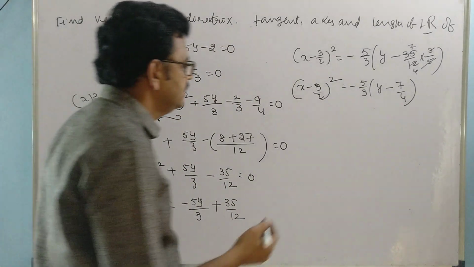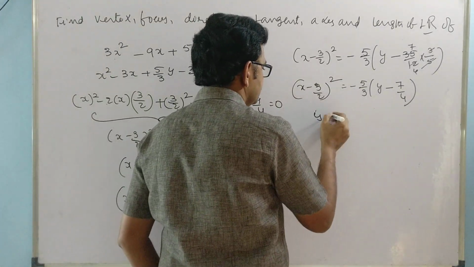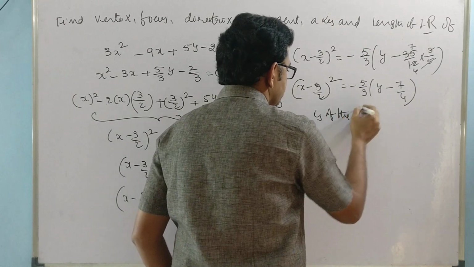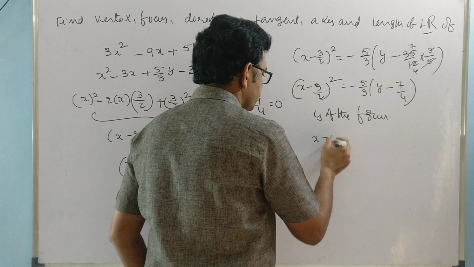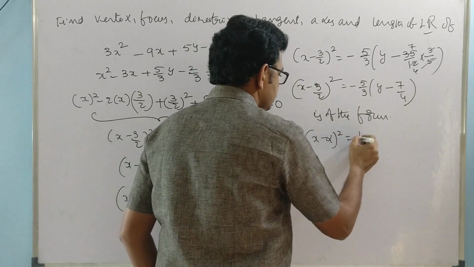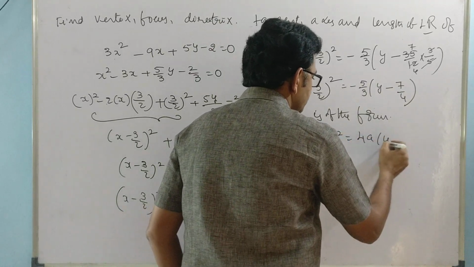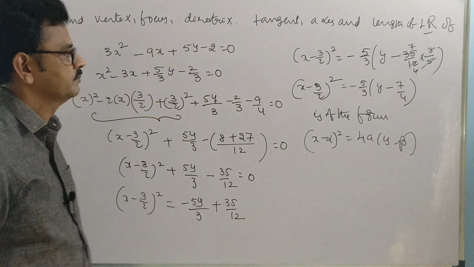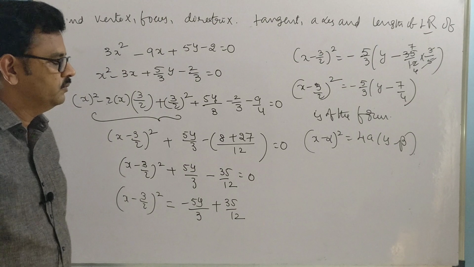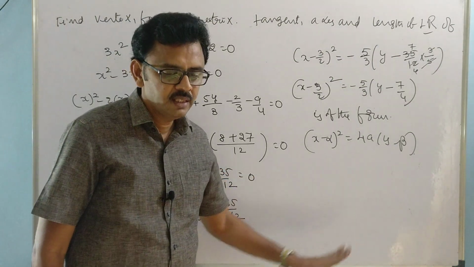So this is of the form (x minus alpha) whole square is equal to 4a into (y minus beta). Now you write the focus, vertex, directrix.